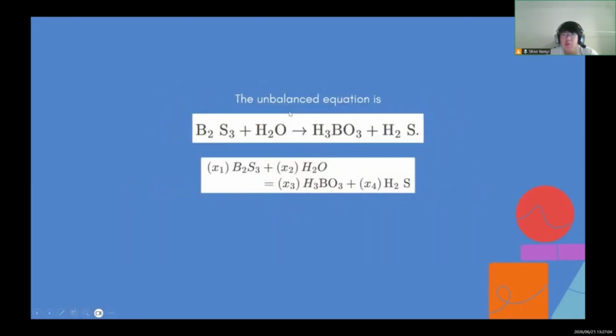The unbalanced equation is B2S3 + H2O = H3BO3 + H2S. We assume there are different coefficients x: x1 B2S3 + x2 H2O = x3 H3BO3 + x4 H2S.